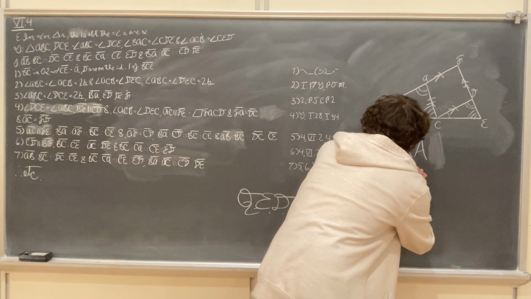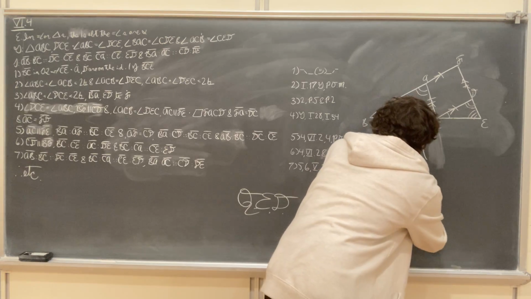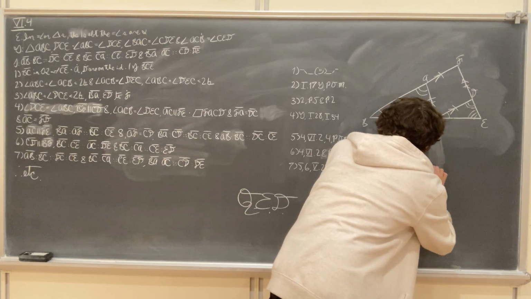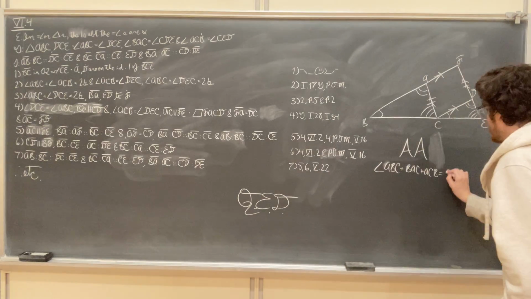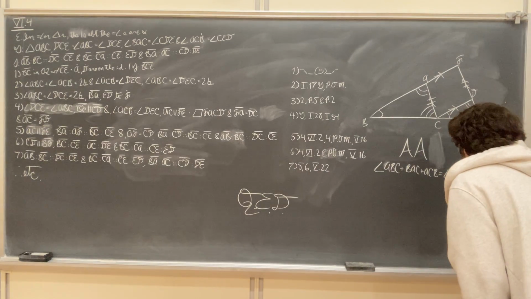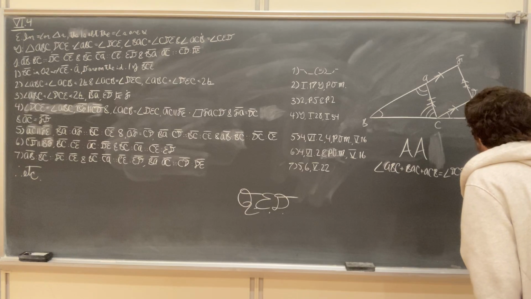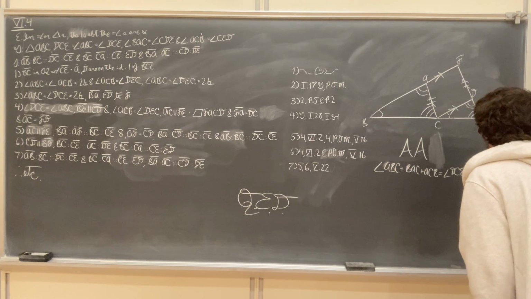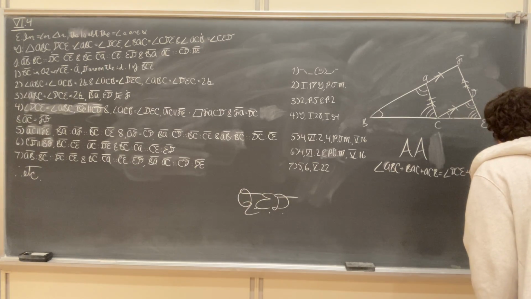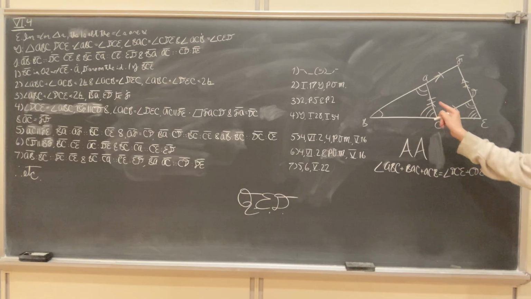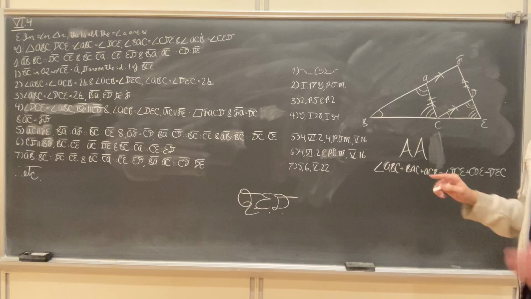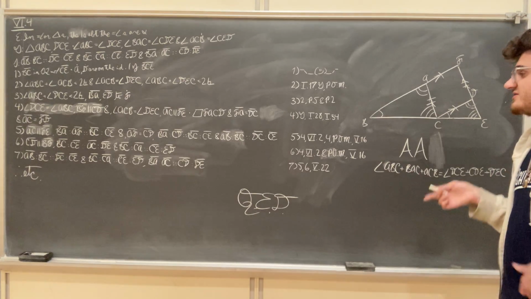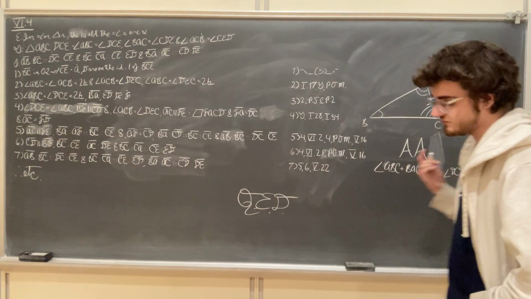So what that's going to mean is that, like for example, ABC plus BAC plus ACB is going to be equal to angle DCE plus CDE plus DEC, right? Because we know they both have to add up to 2 right angles by proposition 1.32. And they add up to the same thing, which means they're equal to each other by common notion 1.